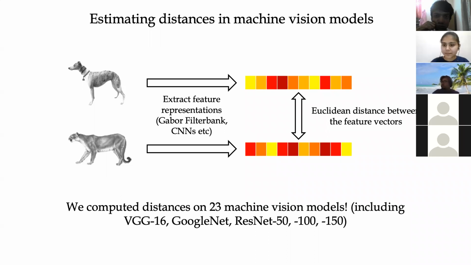So I'll be presenting my results on the Euclidean distance measures, but it stays true even if we take the L1 distance, for example. And like this, we computed distances for all these thousands of pairs of objects on 23 machine vision models. These also included VGG16, GoogleNet, and all the different versions of ResNet trained on ImageNet.